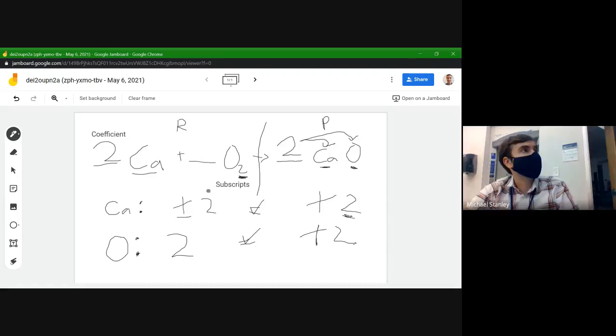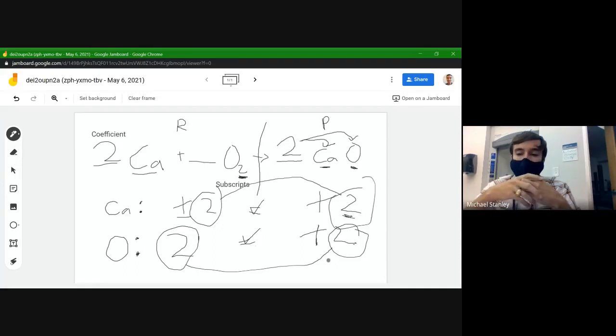So 2 and 2, these guys are the same, so Ca is balanced. 2 and 2, these guys are the same, so O is balanced. It doesn't matter if this was 3 and 5, or 1 and 7, as long as they match on either side. When all of them match, that is when you have a balanced equation. Okay, thank you.